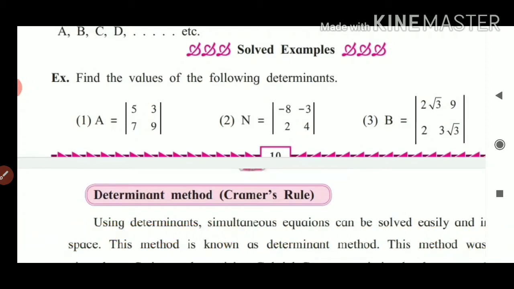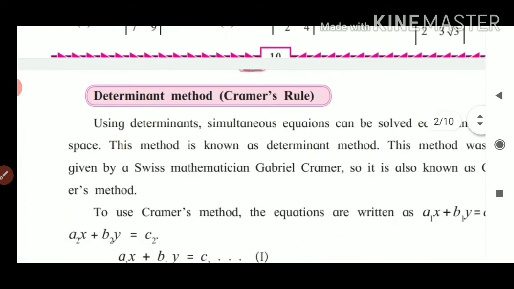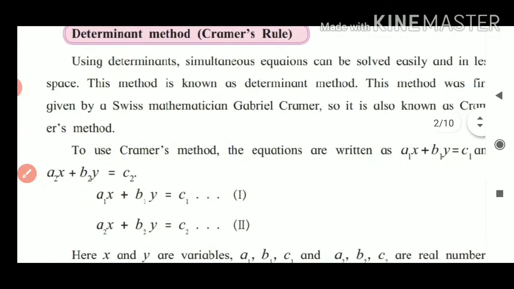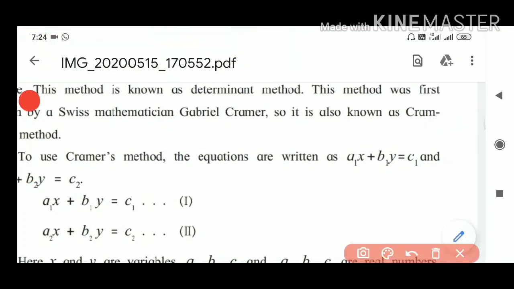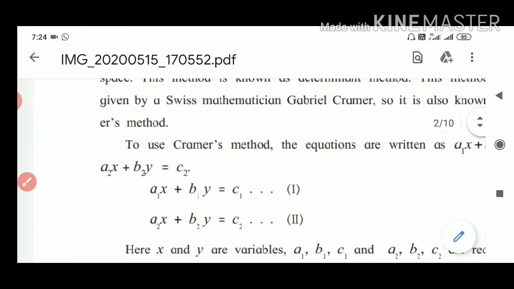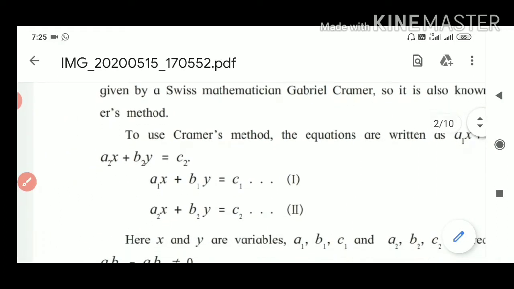See how to solve the simultaneous equation by mathematician Cramer's rule using elimination method. First, which are the two equations? First equation is a1x plus b1y is equal to c1, and second equation is a2x plus b2y is equal to c2.